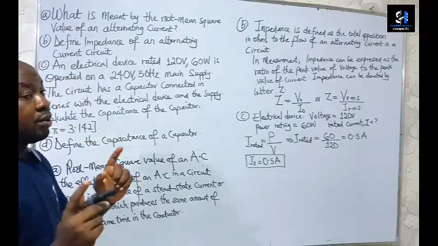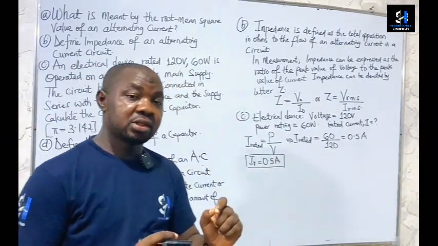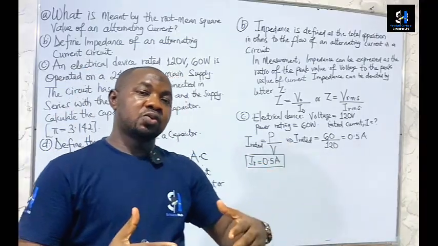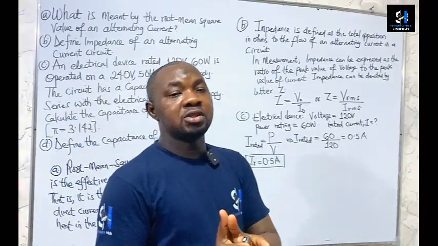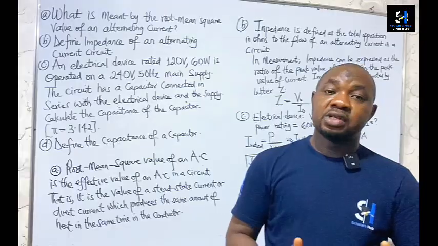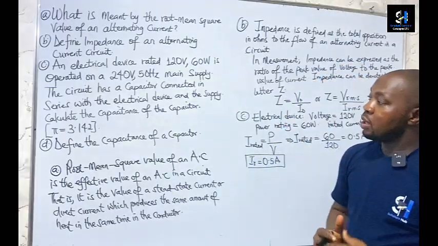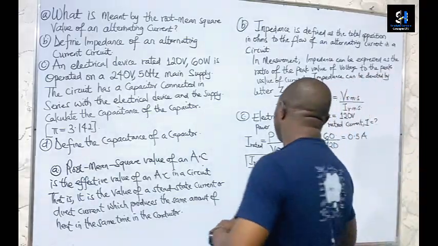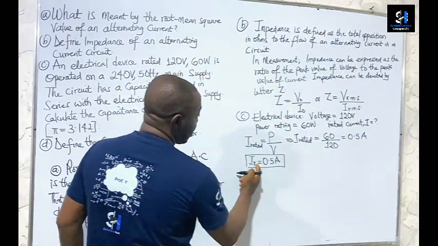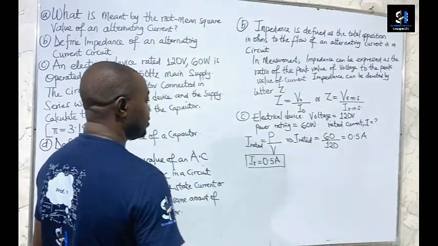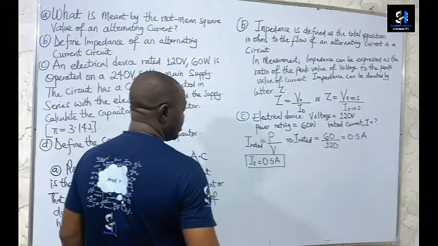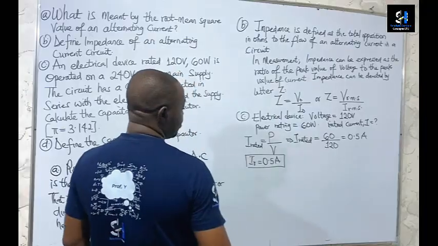Now, like I said, we're going to have an AC circuit containing a series connection between a resistor and a capacitor. So we need to calculate the resistance. We have the voltage to be 120 volts and the current to be this.